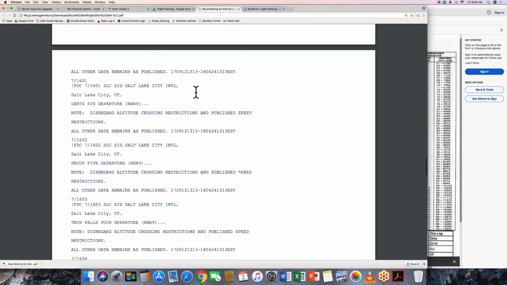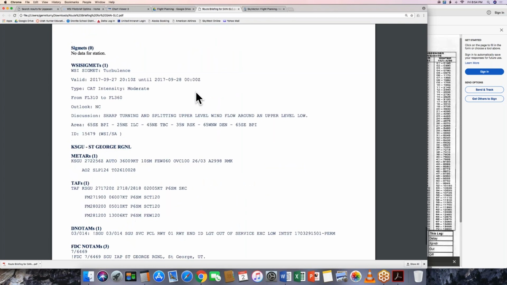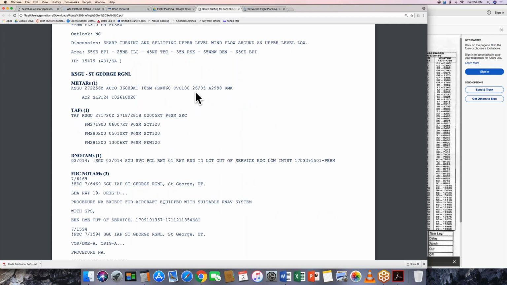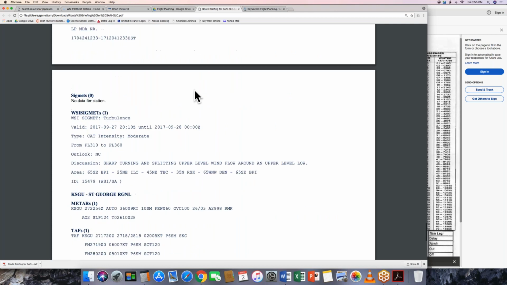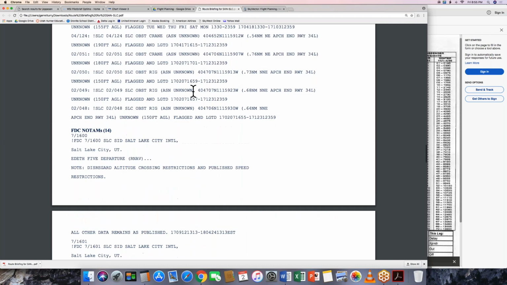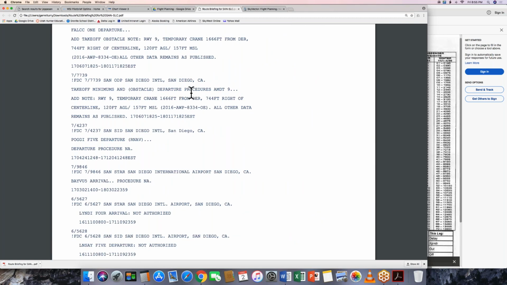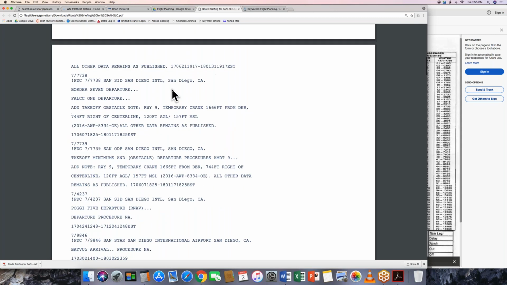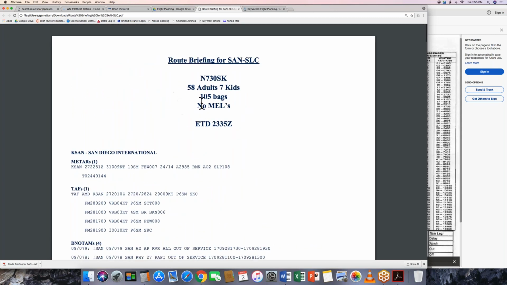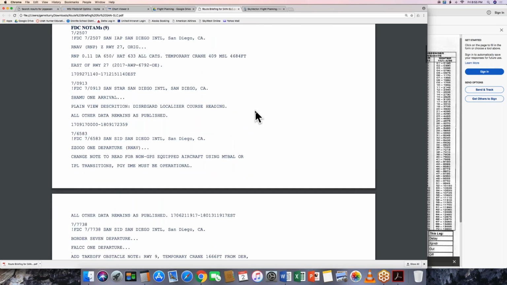Let's see if this even has the... where's my winds aloft? Adam, do you know where the winds aloft is for this? The winds aloft have to be... let's see, is this one you pulled off of the drive?